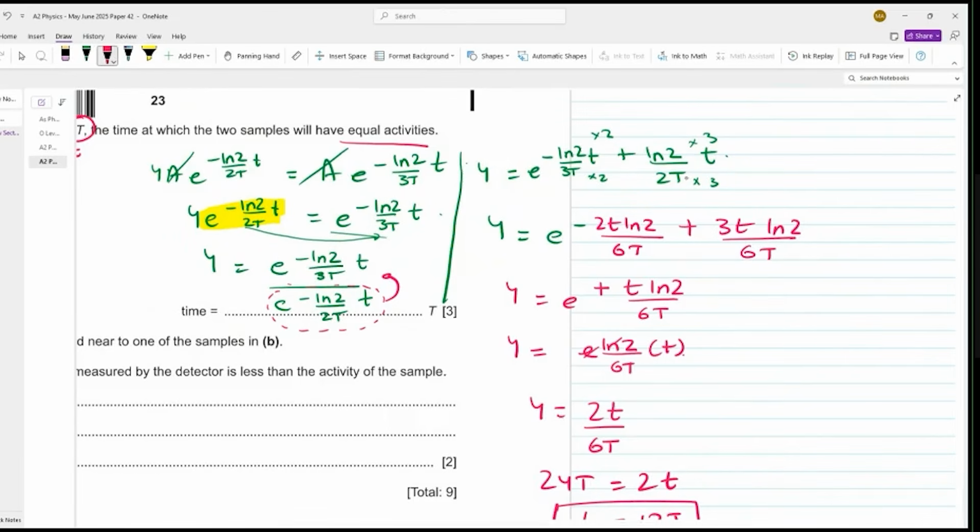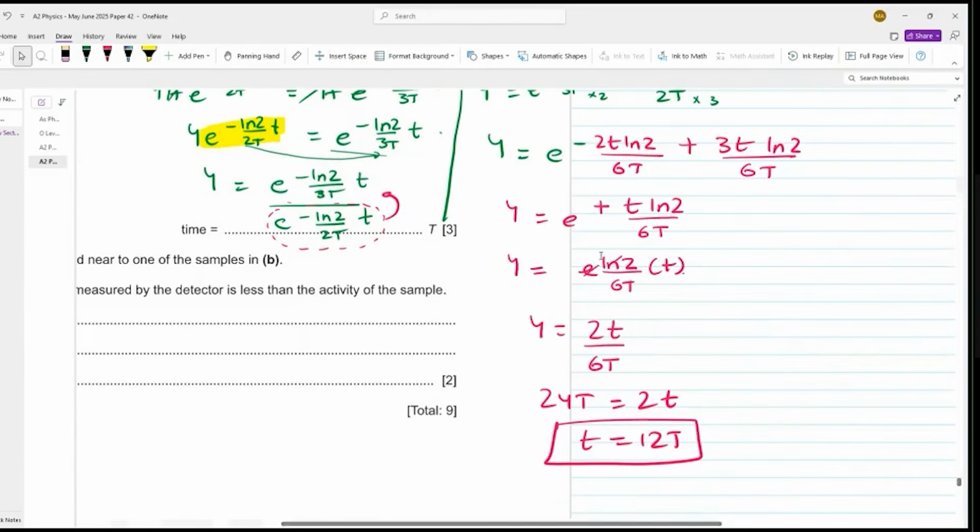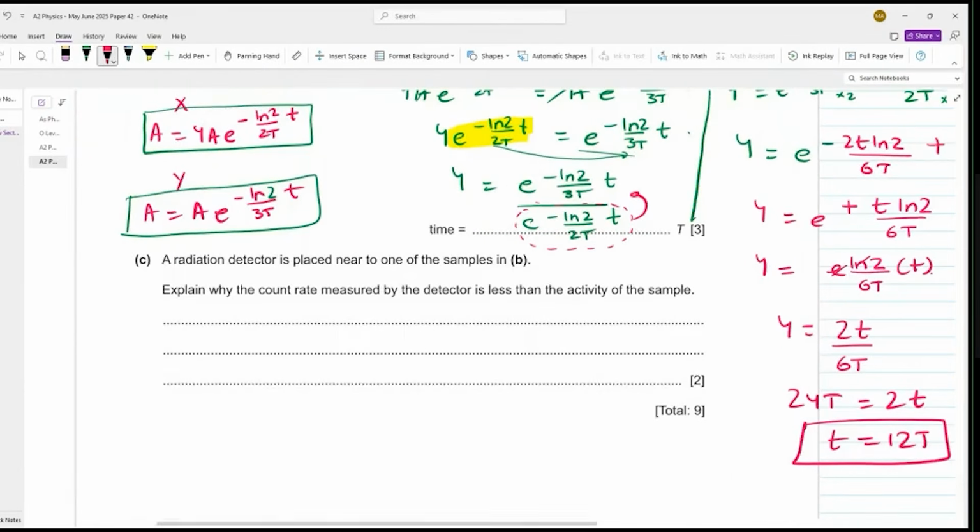Then we took LCM, multiplied by 3, multiplied by 3, multiplied by 2, multiplied by 2. Minus 2t ln2 plus 3t ln2 divided by 60. Then ln and e cancelled. 2t divided by 60. Multiply 24 capital T is equal to 2t. Small t comes out to be 12t.